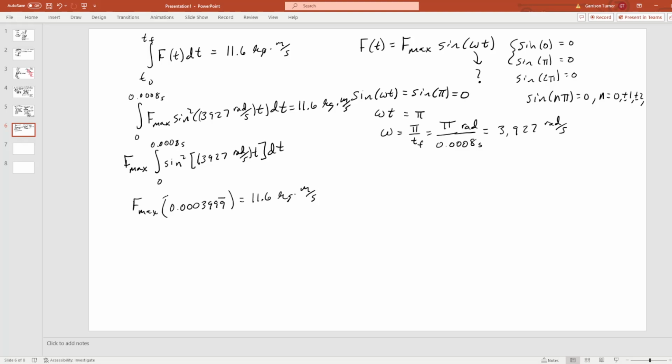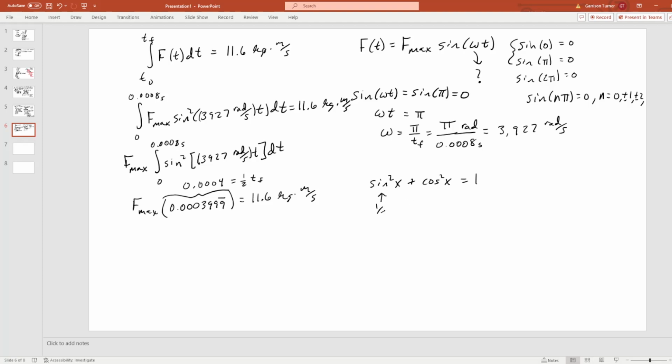You'll notice that this is suspiciously close to 0.0004, which is 1/2 of our t final. Okay, so this is actually a property of the sine squared function because sine squared x plus cosine squared of the same x equals 1, right?